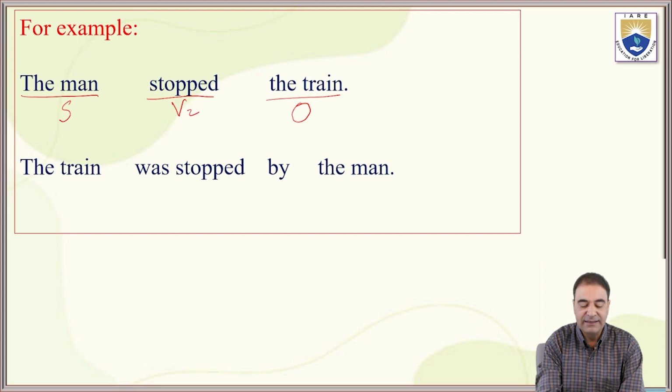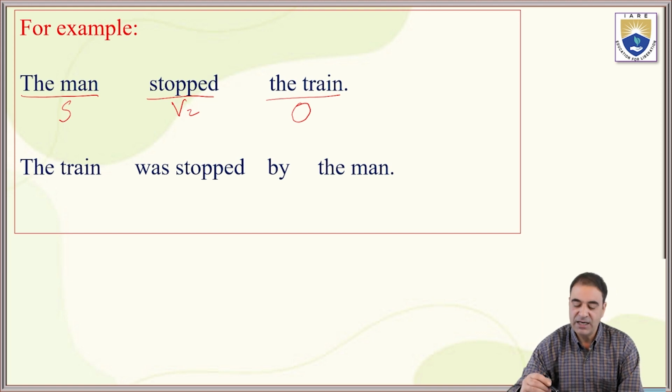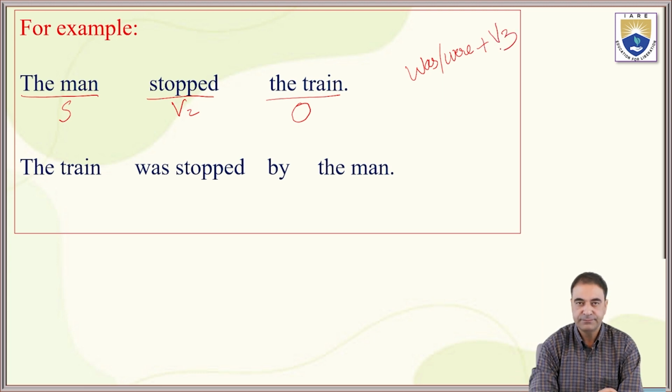Now look at this sentence: The man stopped the train. This is simple past tense, and simple past tense will change into was, were, plus verb in third form.